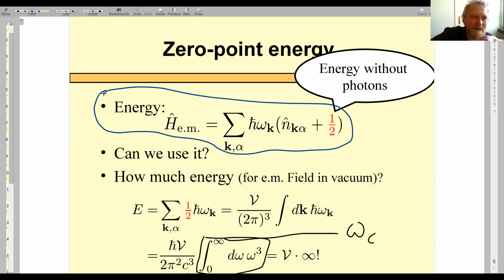How to picture it? There is a parabolic potential of the oscillator, and zero is here. But the ground state, owing to uncertainty, is spread a little bit in the x and momentum directions, which means that its energy is a little bit above zero. Fine, this is this 1/2. So each oscillator mode bears zero-point energy.